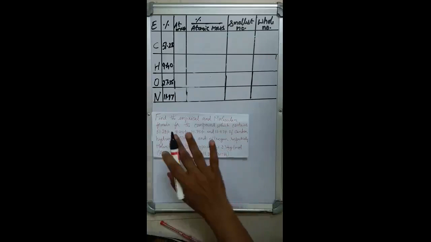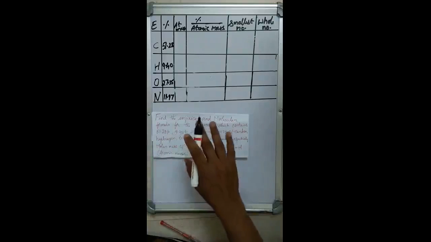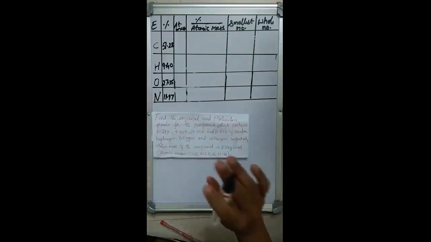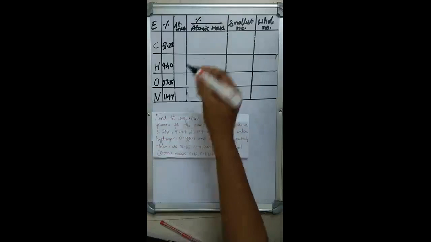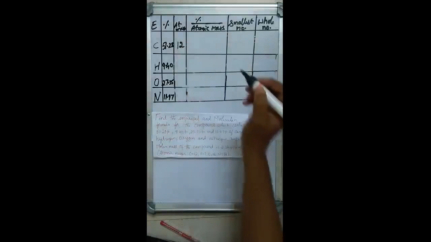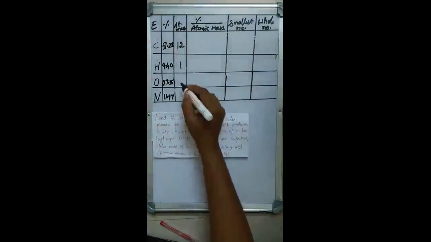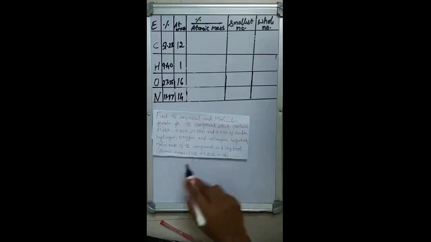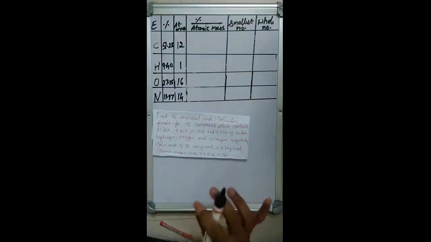Okay, the name of the element and the percentage are given in the question. Now atomic mass. Atomic mass: carbon 12, hydrogen is 1, oxygen is 16, nitrogen is 14. Now in this problem, the atomic masses of the following elements are given, but you should know the atomic masses of a few elements, which are given in the notes book.